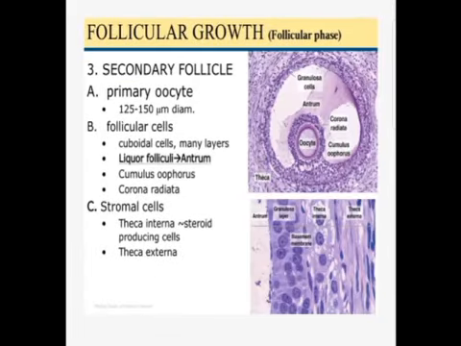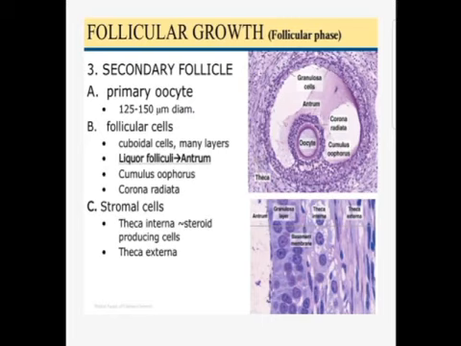Then what is the secondary follicle? In the secondary follicle, you will see that there is a primary oocyte which is now 125 to 150 microns in diameter, and the follicular cells surrounding the oocyte become cuboidal, and there are many layers of these cells, and liquor folliculi develops.